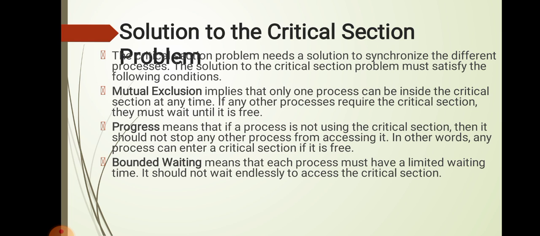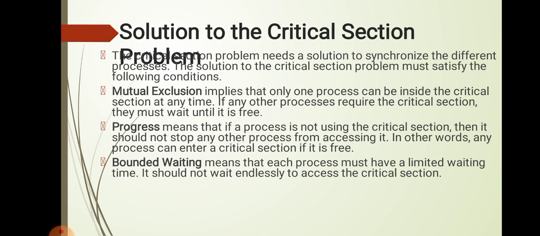Now, what is bounded waiting here? Bounded waiting means each process must have a limit. Bounded is nothing but a limitation. Each process must have a limitation, or a boundary, on its waiting time. Clear?